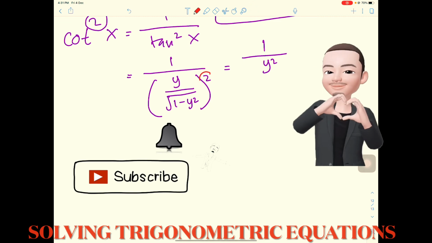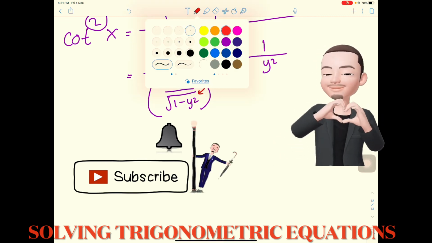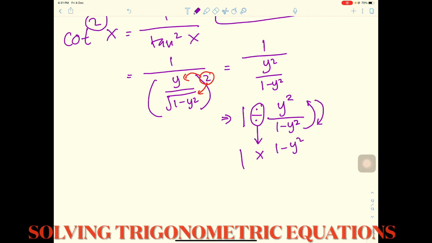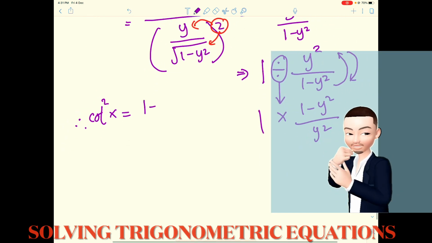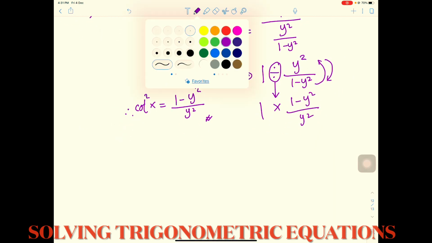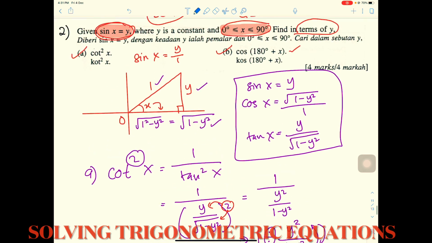Expand the square to each term, so now it becomes y squared over 1 minus y squared. Because it is 1 divided by y squared over 1 minus y squared, if we convert to multiplication, it becomes 1 minus y squared over y squared. Therefore, the answer for cot squared x equals 1 minus y squared over y squared in terms of y.